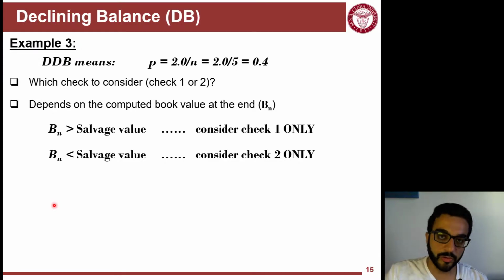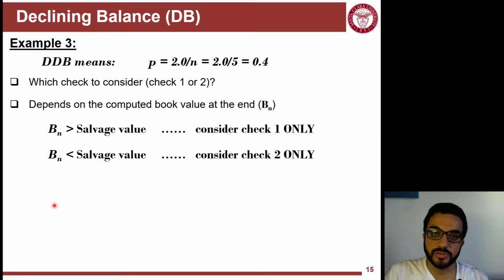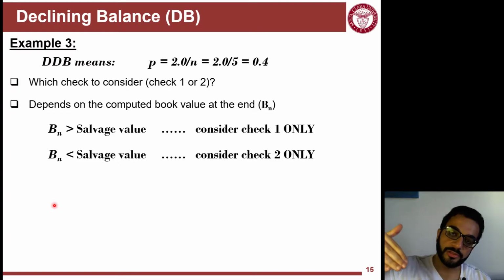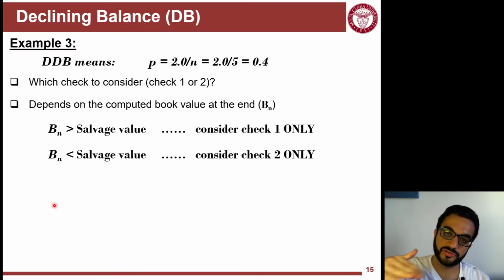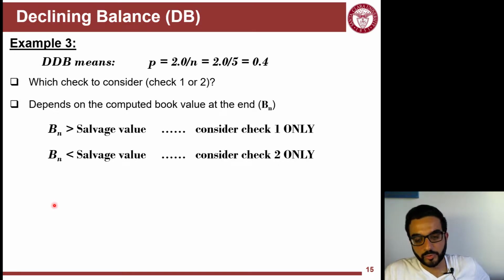If Bn is more than the salvage value, this means I will do check 1. I will use straight line to fix my trajectory here. If Bn is less than the salvage value, which is our case here, in that case, you will keep going with the declining balance. At some point, you just stop it. There is no switching to straight line. You just stop the depreciation at some point.